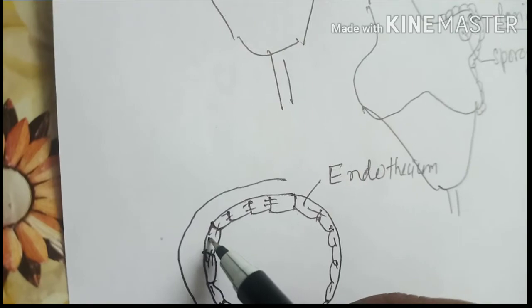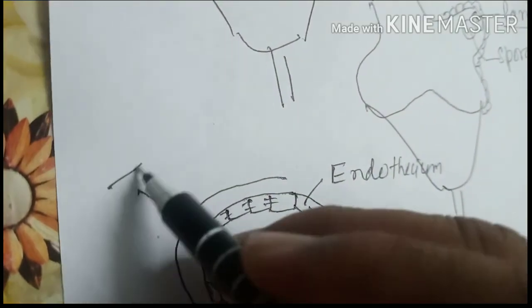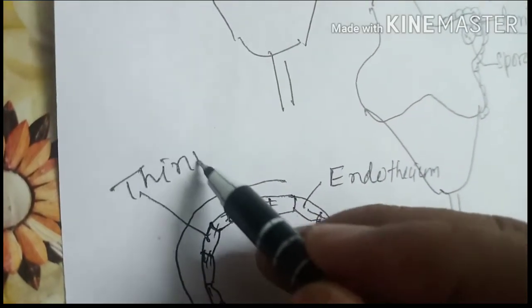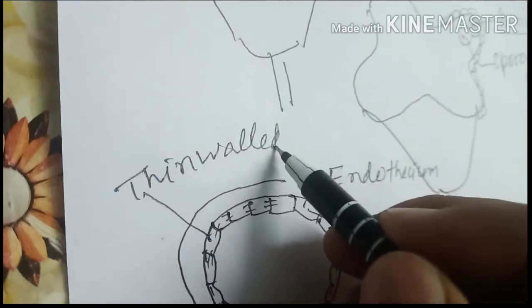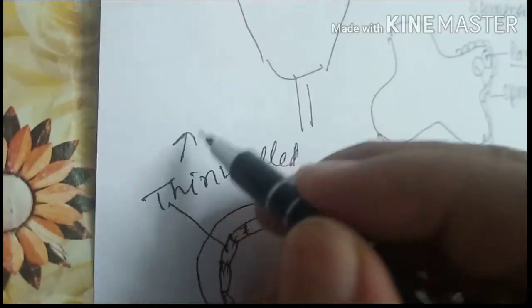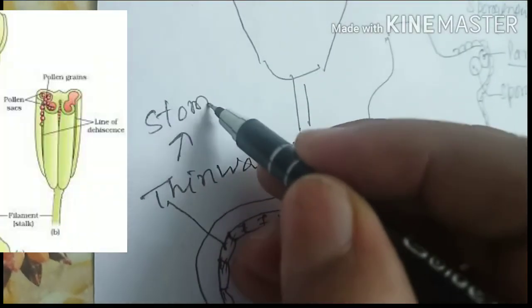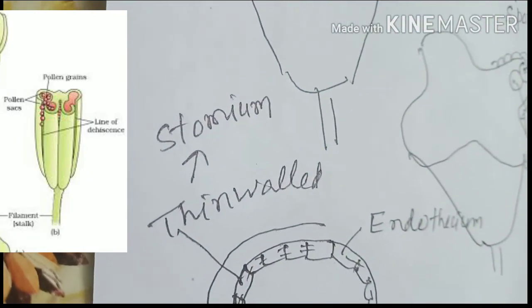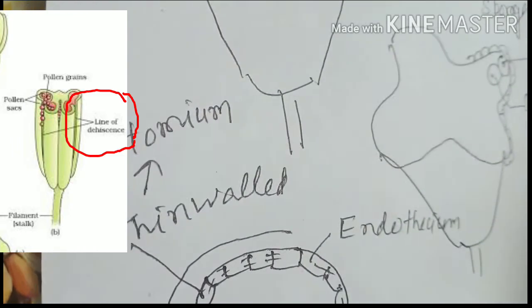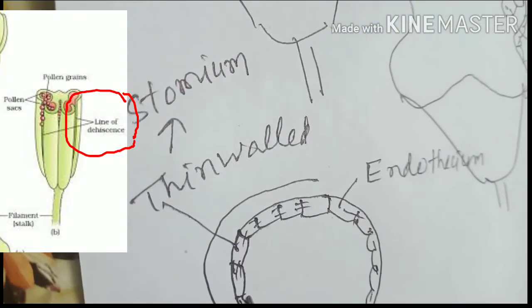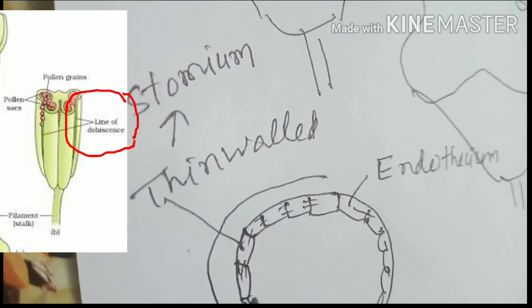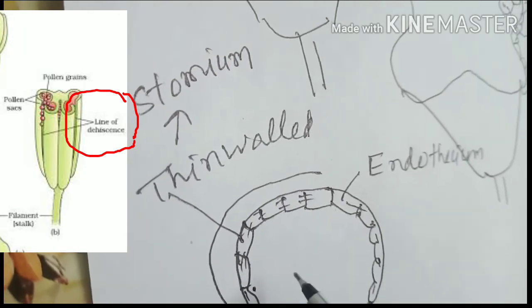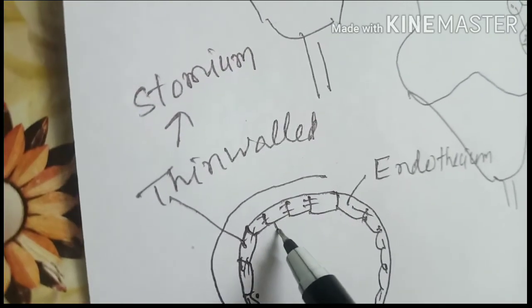At certain positions, this endothecium is thin-walled. At this position, the stomium develops. This stomium is the position from which the pollen sac bursts, gets ruptured, and pollen grains are liberated.